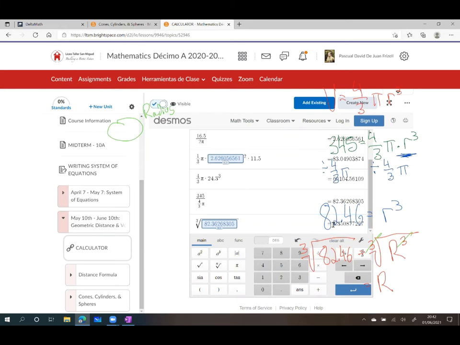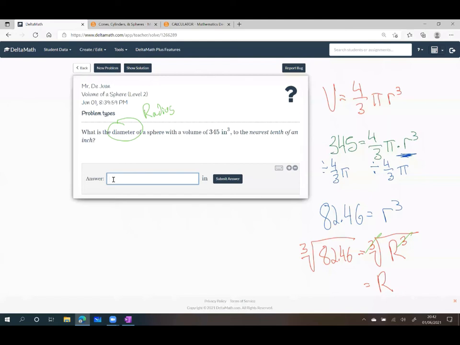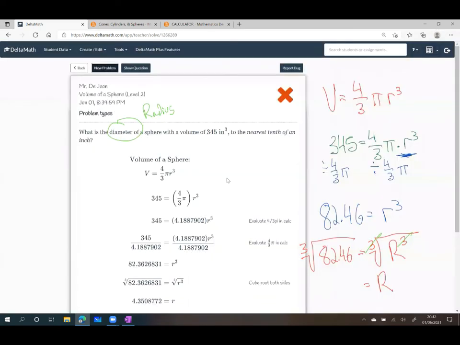And there you have your answer. Let us see what it's asking us here. Round it to the nearest tenth of an inch. Well, a tenth of an inch means that 0.35 is closer to 4 than it is to 0.3, so 4.4.